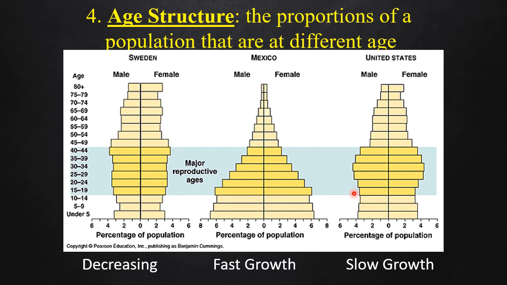Now, we're producing more like 1.7 per family, and the age at which people are having kids is rising, getting older and older, which means fewer children are being born in our country than they used to be. This could lead us to being decreasing like Sweden and also Japan.